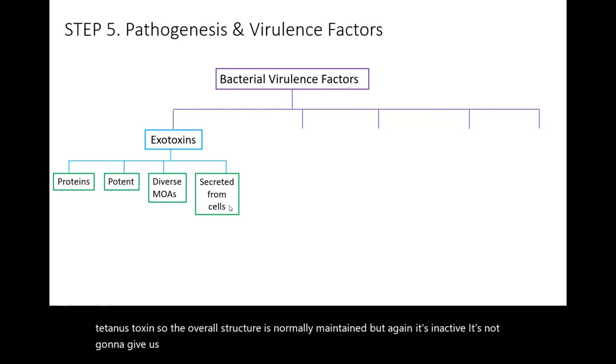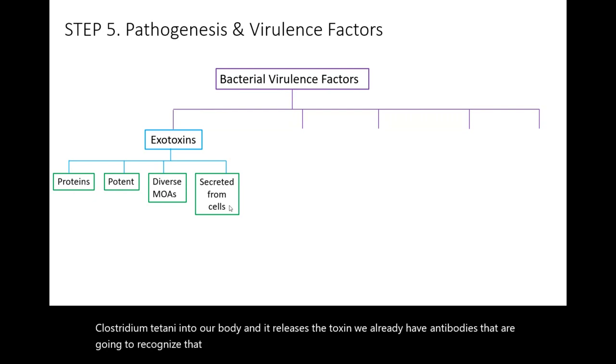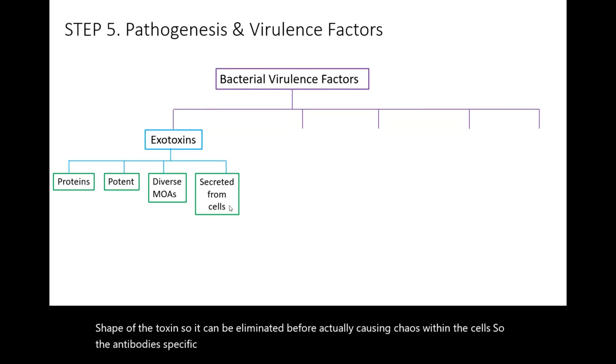But that way, if we ever step on a rusty nail and we do introduce Clostridium tetani into our body and it releases the toxin, we already have antibodies that are going to recognize that 3D shape of the toxin so it can be eliminated before actually causing chaos within the cells. So the antibodies specific for exotoxins are called antitoxins.